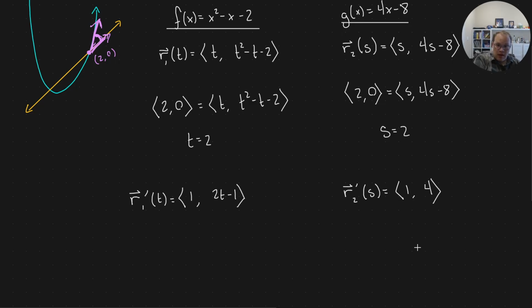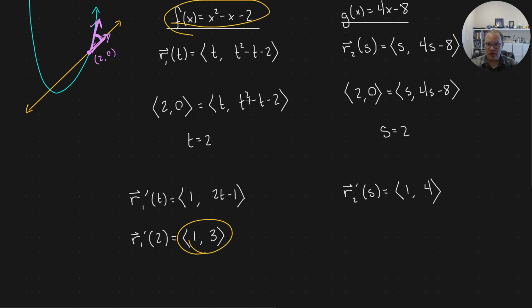And I'm interested in the tangent vector at a particular value of t, at a particular value of s. So let's plug that in. At t equals 2, I get 1, 3. That's the tangent vector of this first function when the two functions intersect.